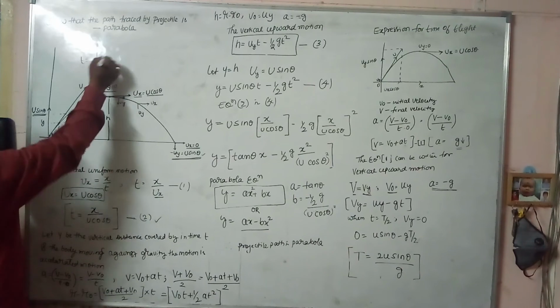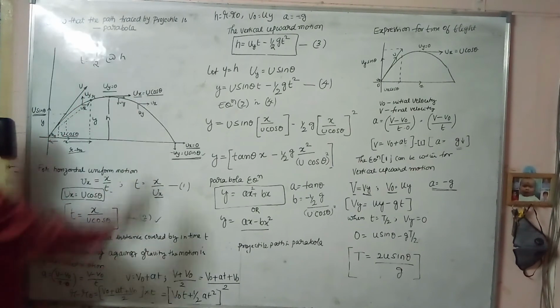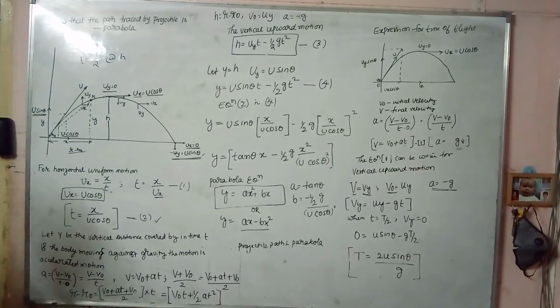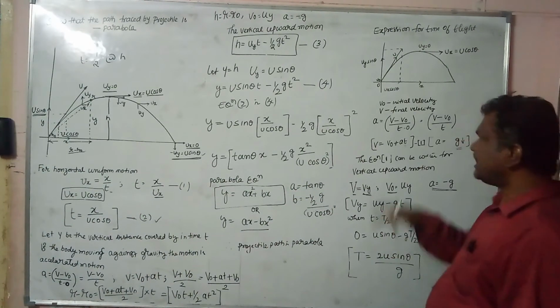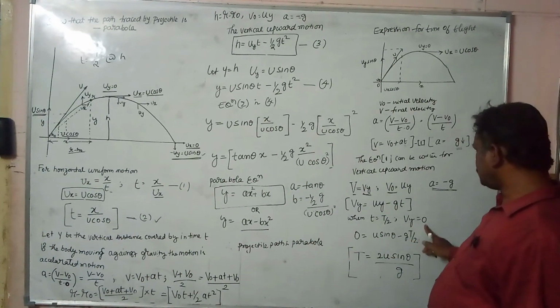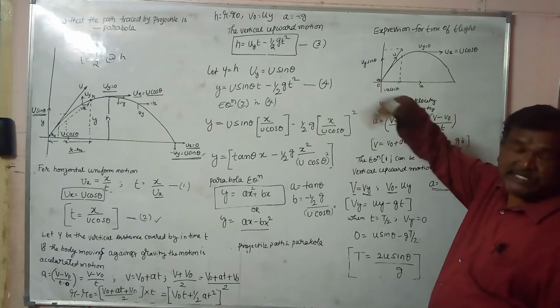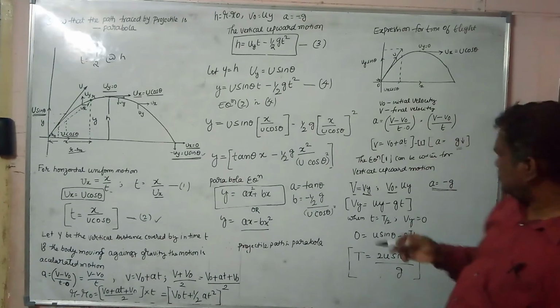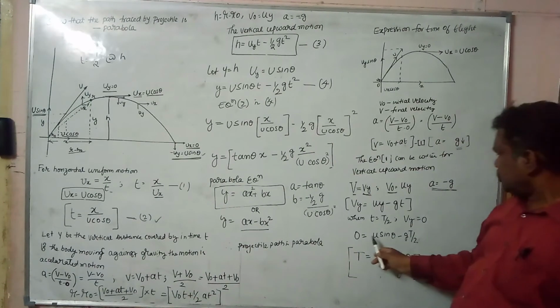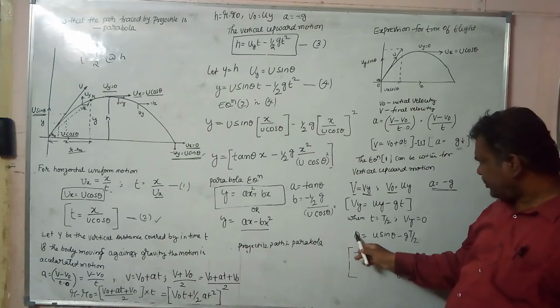When it has reached h, I can say at h, t is equal to T by 2. That's what I am telling you here. t is equal to T by 2 at h. So Vy is equal to 0. Further the component Vy is 0 at h, further height is not there. So Vy is kept as 0.